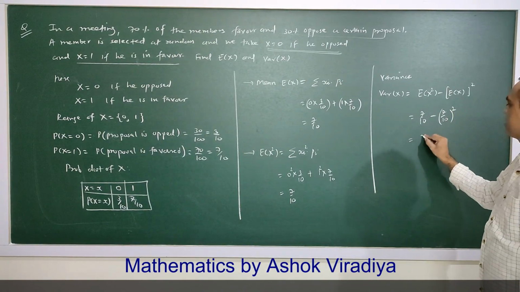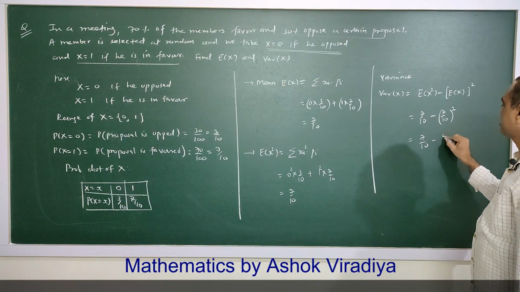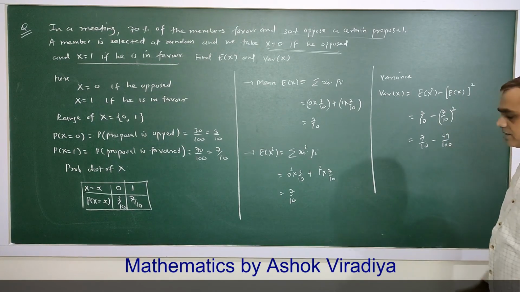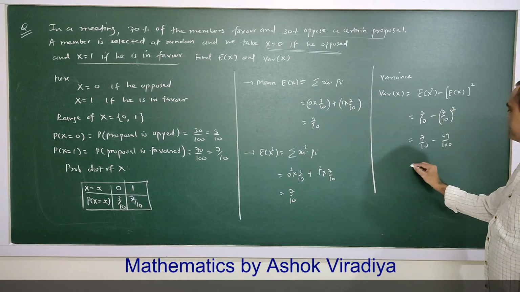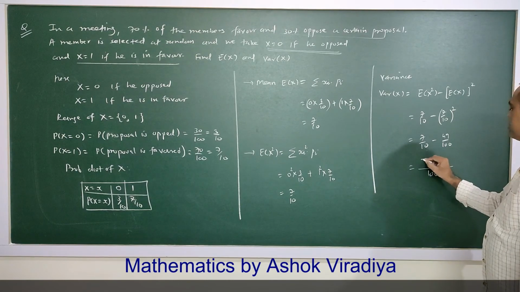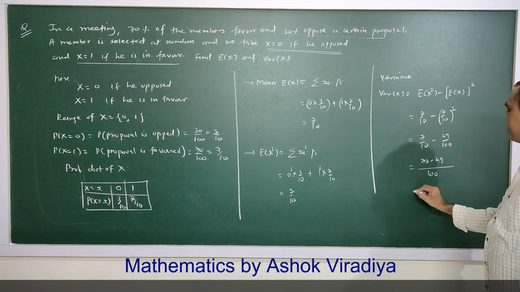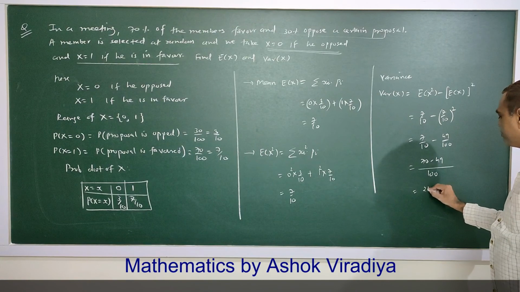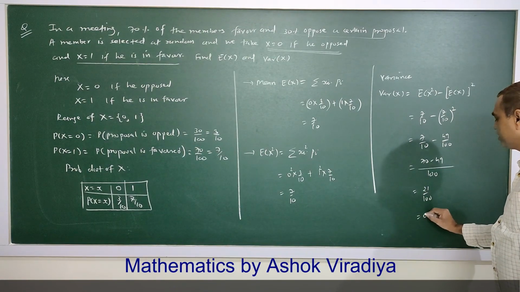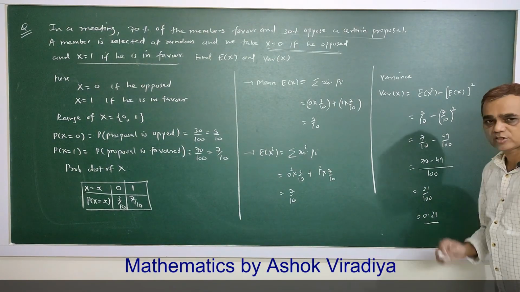So this is 7 by 10 minus 49 by 100. So it is 70 minus 49, so 21 by 100. So it is 0.21. So it's very simple.